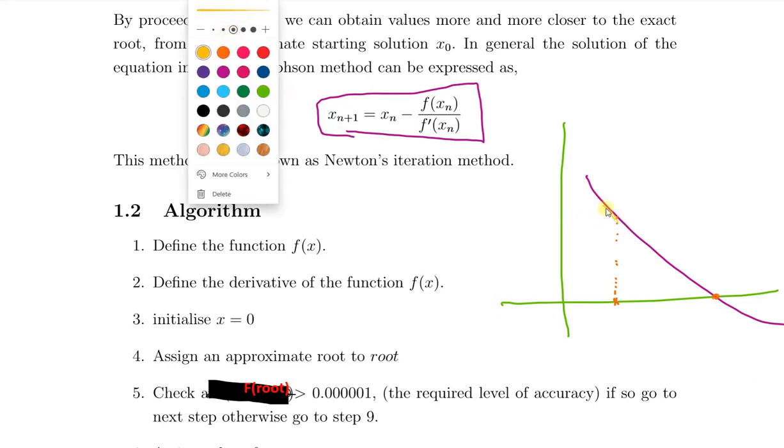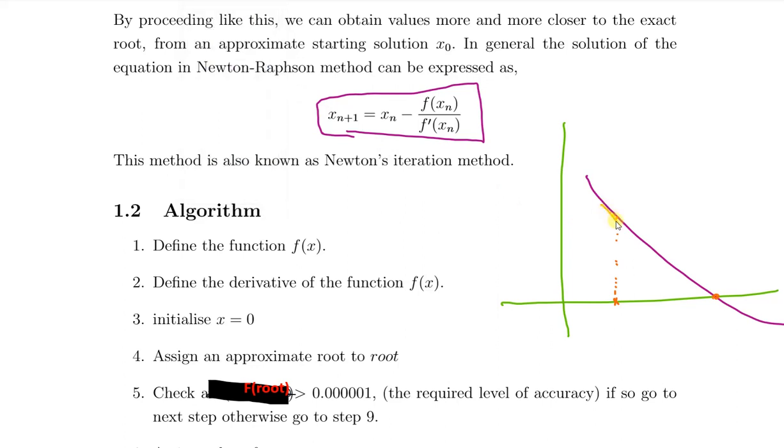What is happening is we are drawing a tangent at this point. The tangent meets the line here. So from this first approximation, if it is x0, x1 is taken as equal to x0 minus f of x0 divided by f dash of x0. The point x1 that we get is the point where the tangent drawn at x0 on this function meets the axis. So this will be the new solution.